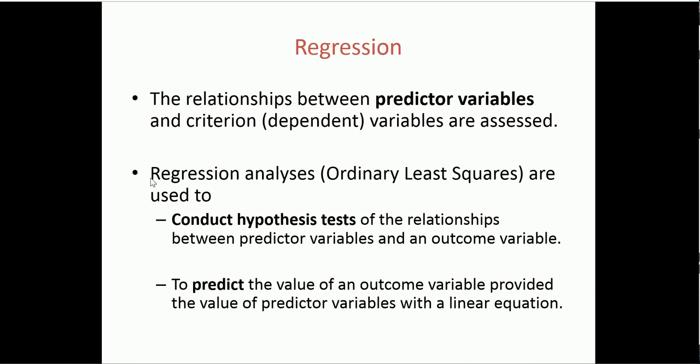Now, in order to predict outcome variables with great certainty, you would need really good equations. So there should be relatively low levels of error in order to try to make decisions about an individual case or an individual score based on several predictor scores. In order to test hypotheses, we still need some accuracy.